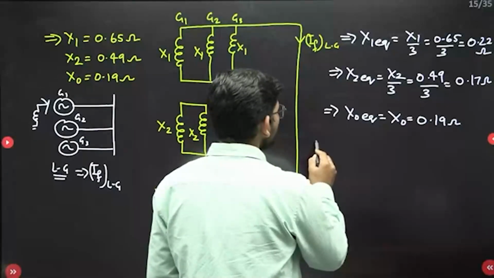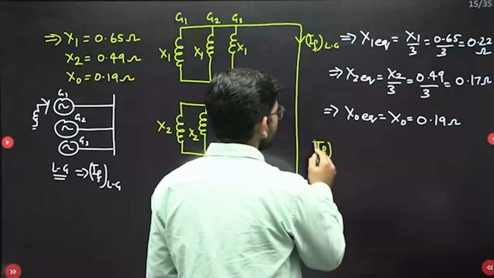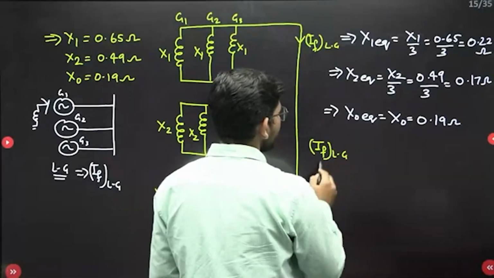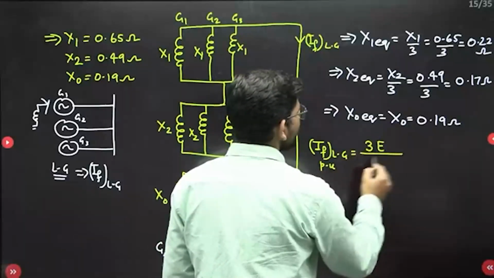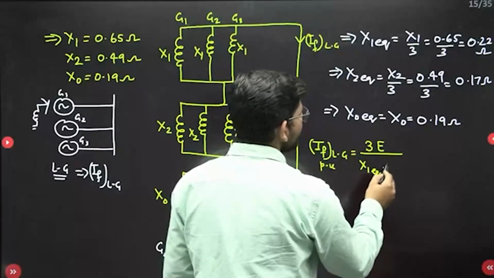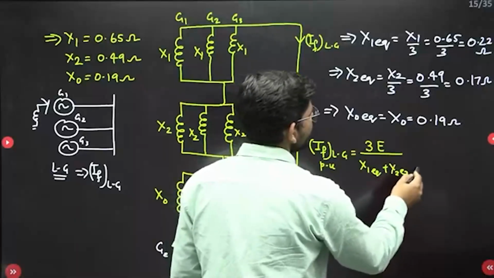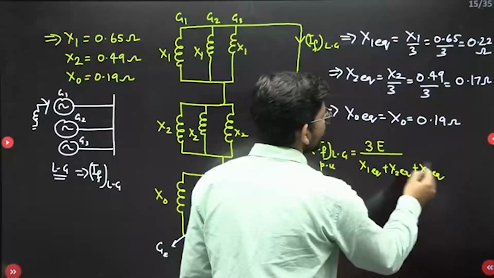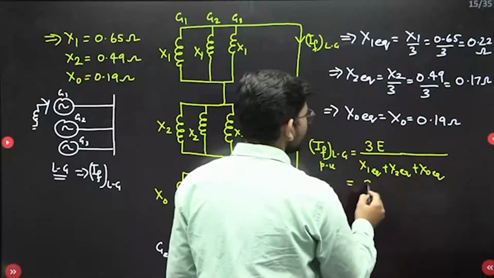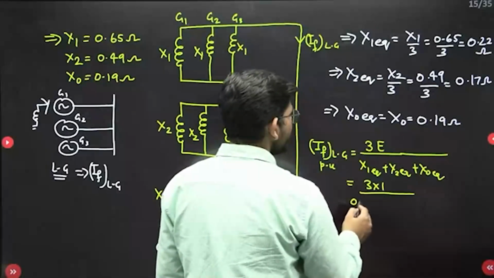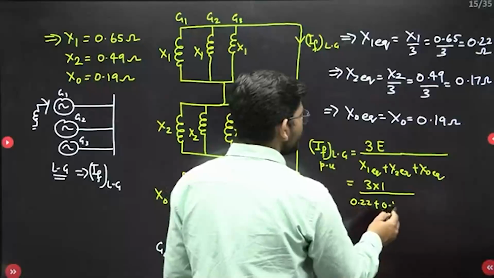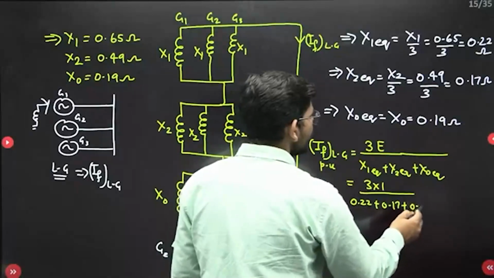Now what will be the line to ground fault current in per unit? The formula is 3E upon x1 equivalent plus x2 equivalent plus x naught equivalent. Now put the values, 3 into 1, the values are 0.22, 0.17 and 0.19.